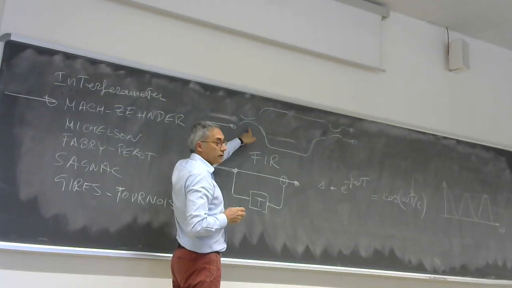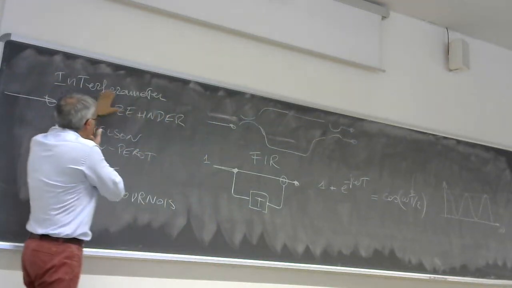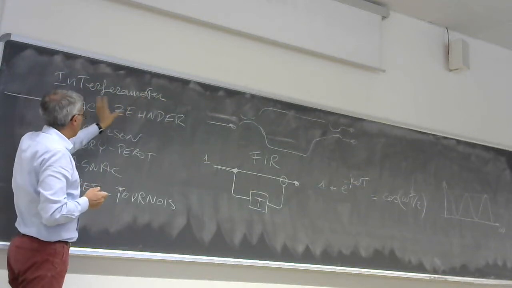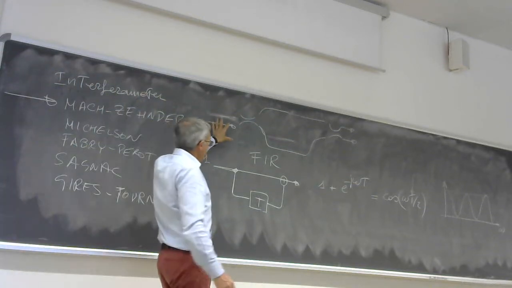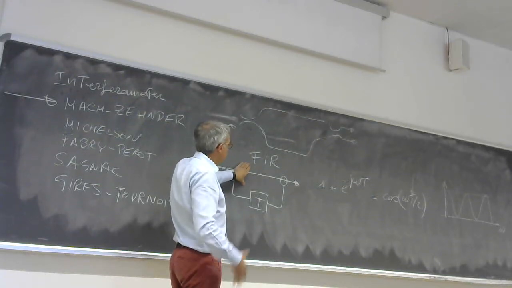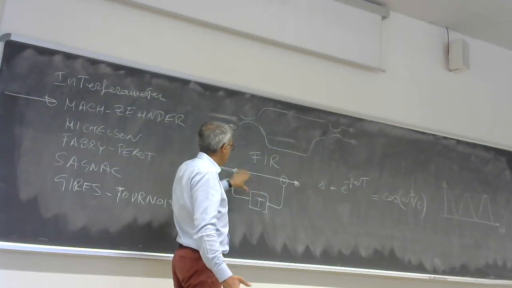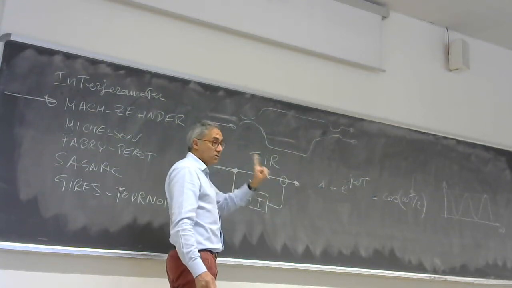So what physicists call the Mach-Zehnder interferometer is nothing else than the optical implementation of a finite impulse response filter of the first order, just one.